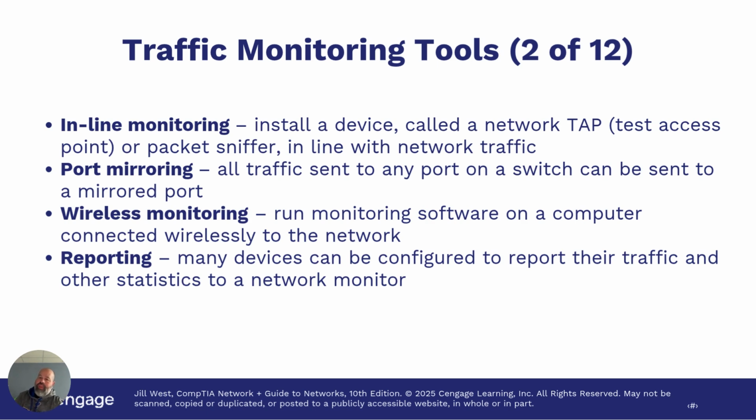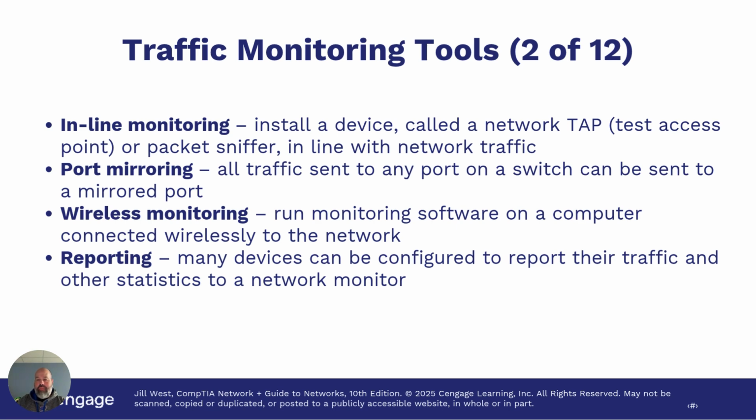You've got several ways to monitor traffic. You've got inline monitoring, which means you install a device called a network tap, that's test access point, or a packet sniffer right in the middle of the network traffic. Port mirroring is like setting up a spy mirror. All traffic sent to any port on a switch gets copied to a mirrored port where you can watch it.